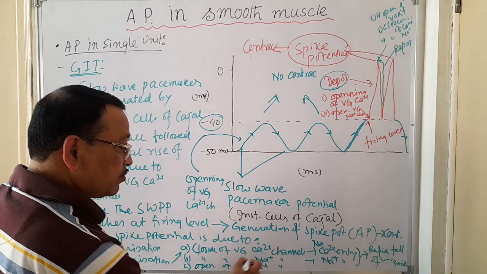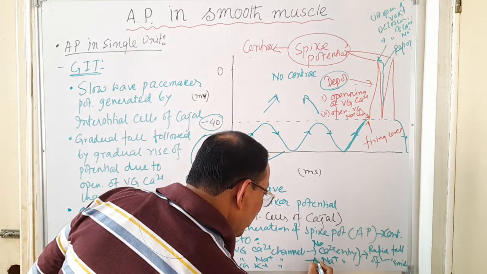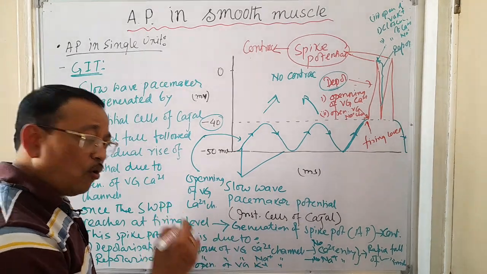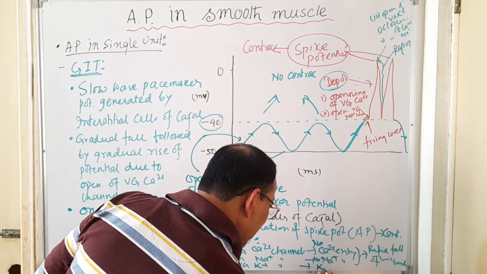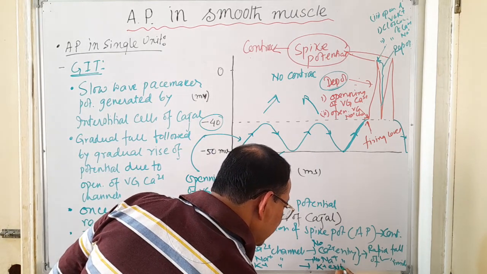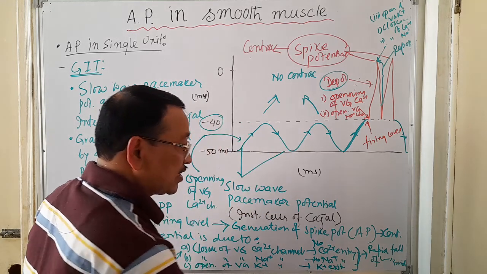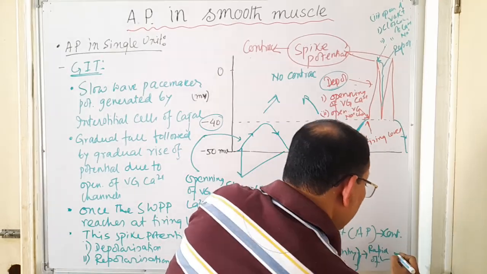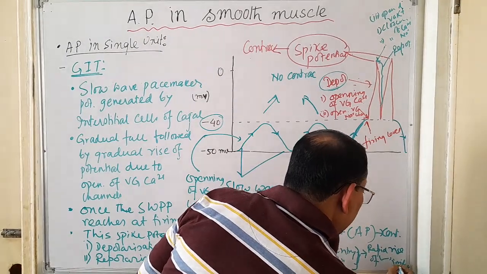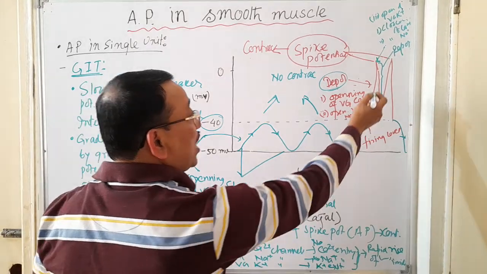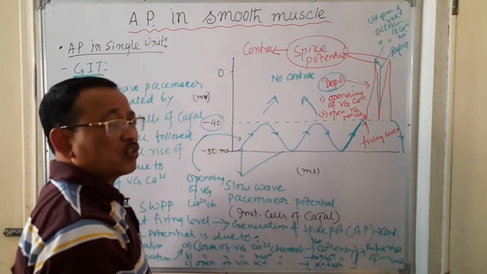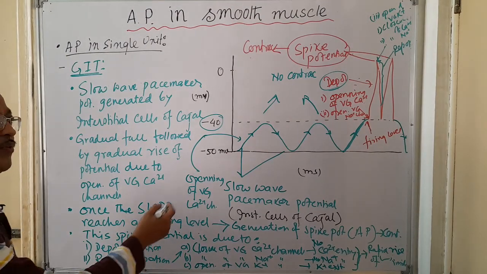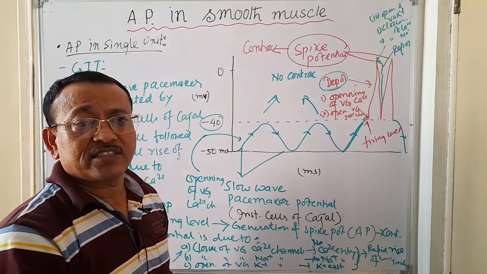As sodium channels close, no sodium entry, and as potassium channels open, there is potassium exit. All these three factors are responsible for rapid rise of electronegativity inside, which is known as the repolarization. So this is how the depolarization and the repolarization of the spike potential take place.